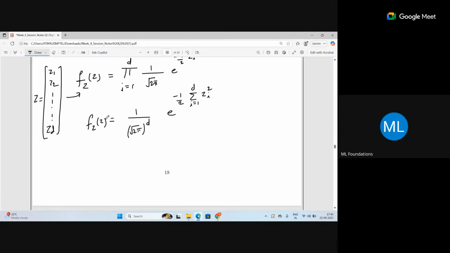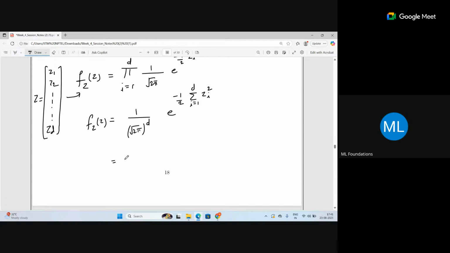The normal or Gaussian distribution with zero mean and one variance, or one standard deviation, is also called a standard normal. So if I say standard normals, that means it will have a mean of 0 and a standard deviation of 1.